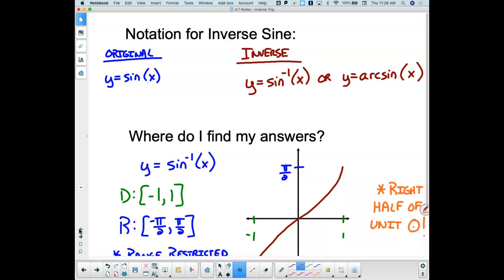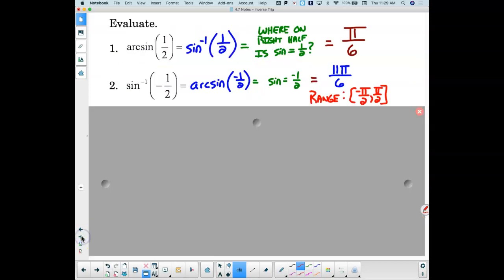Because that's what we had to restrict our range to make it a function. Okay, with me? So all your answers have to be in that range. 11 pi over 6 is outside of that range, but negative pi over 6 is the same angle and it's in that range.